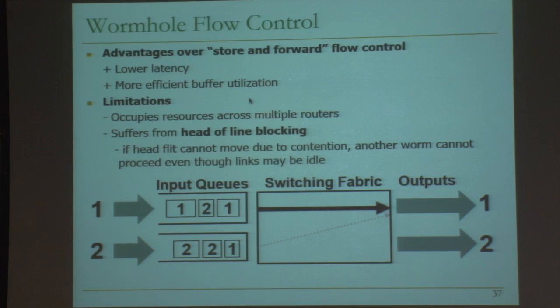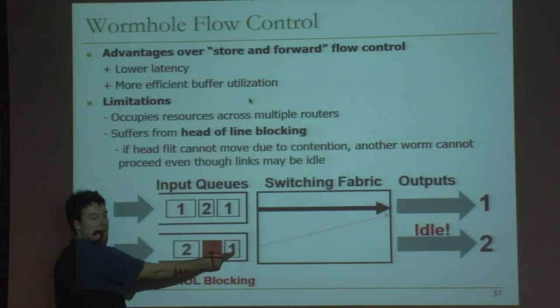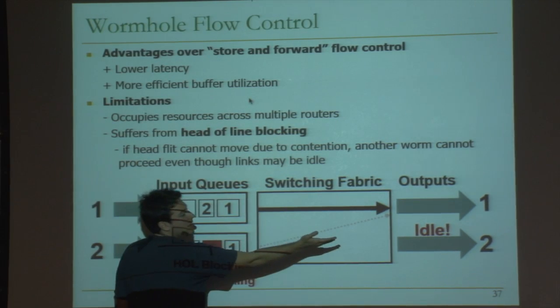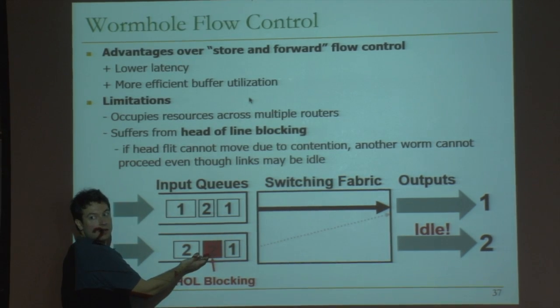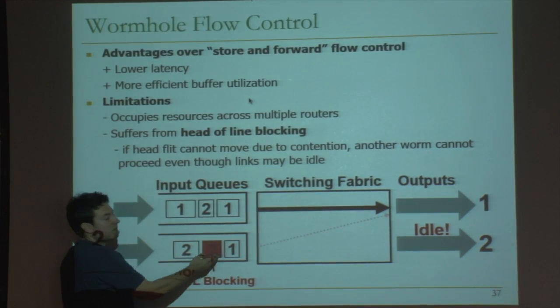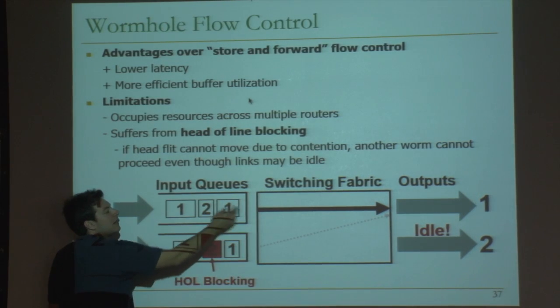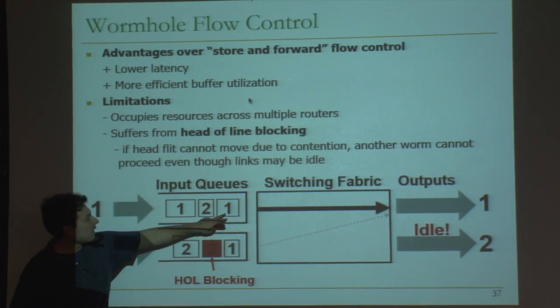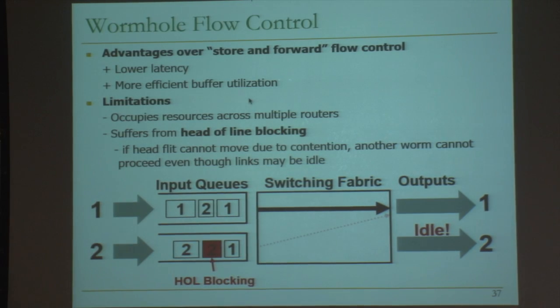Since output 1 can only accept one packet at a time, it's going to pick one of the two, let's say the top one, and then the second one is not making progress. The packet behind the first packet here could be making progress because output 2 is idle. The packet is just sitting here, and it's not making progress because this guy is blocking it. But this guy isn't making progress either because the other packet destined to 1 is making progress. So does this make sense? This is a very central problem, and many of the optimization techniques in networks have to do with solving this sort of problem.